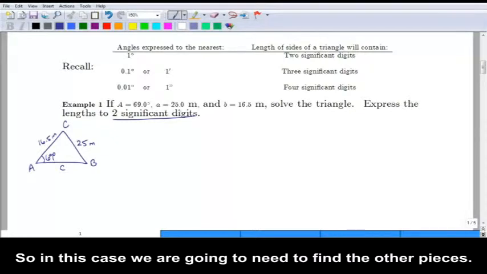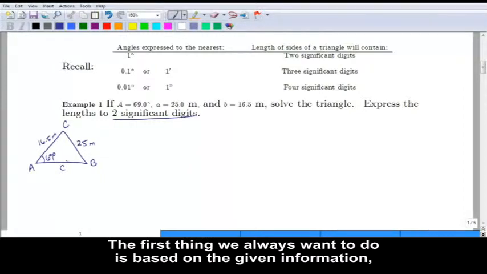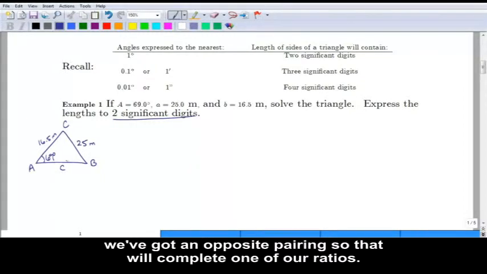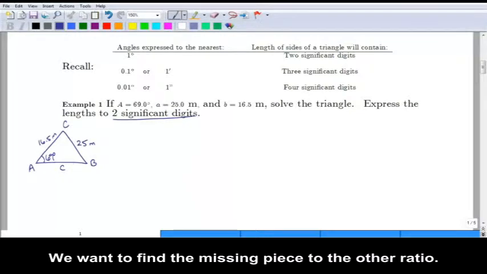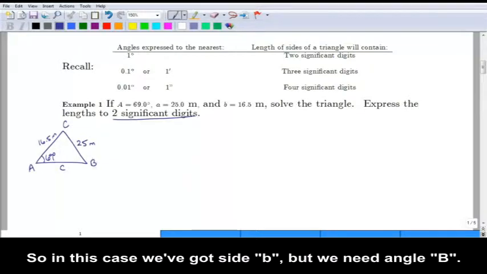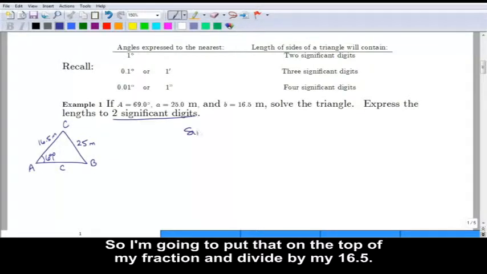So in this case, we are going to need to find the other pieces. The first thing we always want to do is, based on the given information, we've got an opposite pairing, so that will complete one of our ratios. We want to find the missing piece to the other ratio. So in this case, we've got side B, but we need angle B. So I'm going to put that on the top of my fraction and divide by my 16.5.